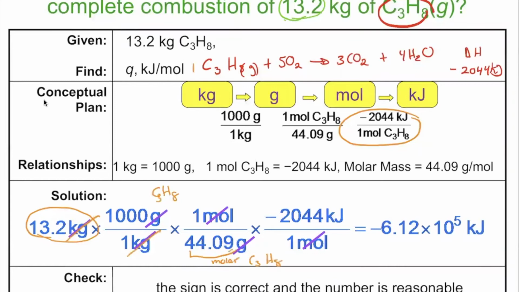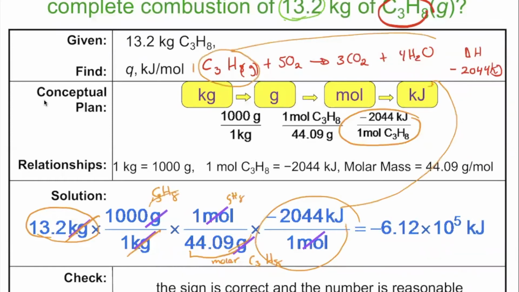Now you cancel your grams of C3H8, but at the top, you still have moles of C3H8. And the way you're going to cancel that comes from the equation, because for every mole of this reactant, you're going to release that much energy. Now, all you do is cancel and do your math, and you should develop your final answer.